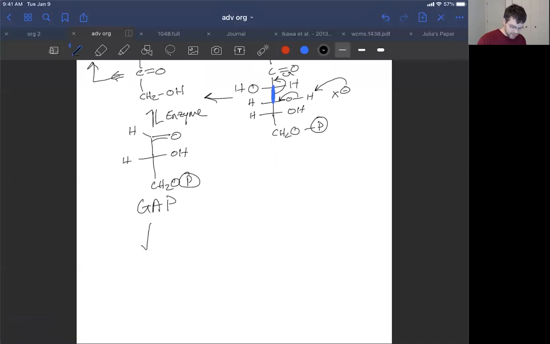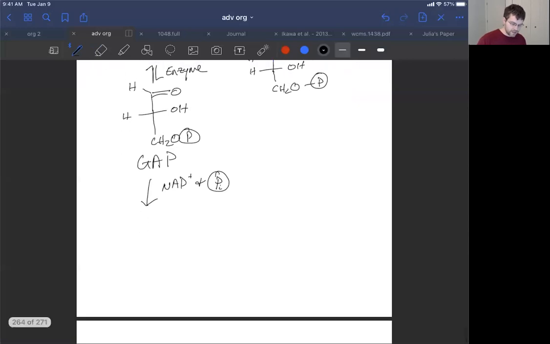And we're going to decompose that using an oxidation reaction, so NAD plus and phosphate. I'll just write P with a circle around it; you can put a little i for inorganic phosphate. We're going to take the glyceraldehyde 3-phosphate and oxidize the aldehyde, and phosphorylate the carboxylic acid position.